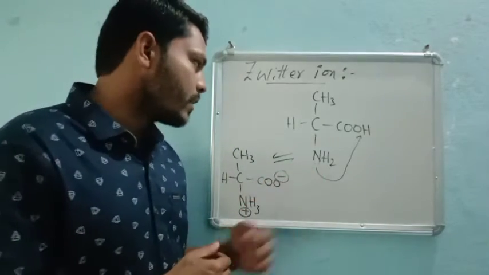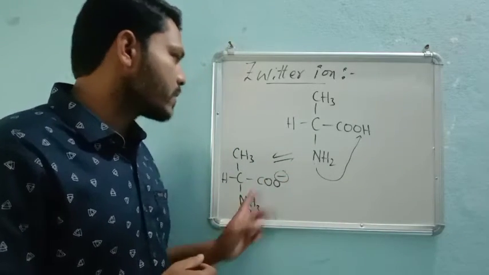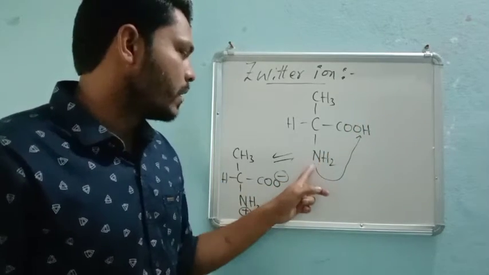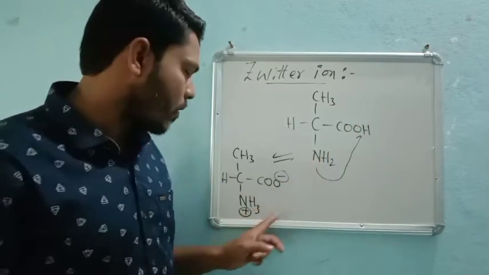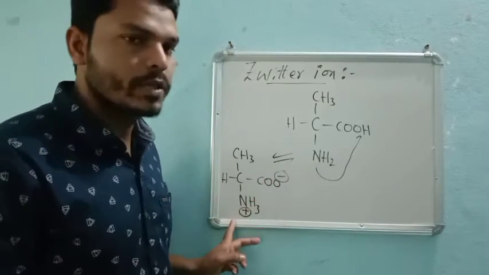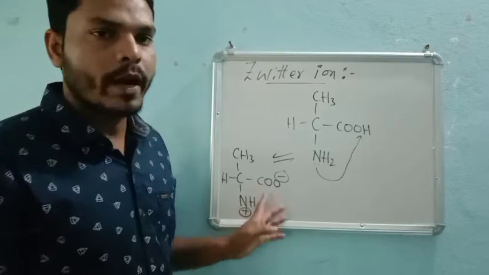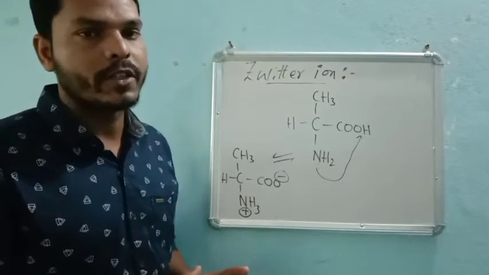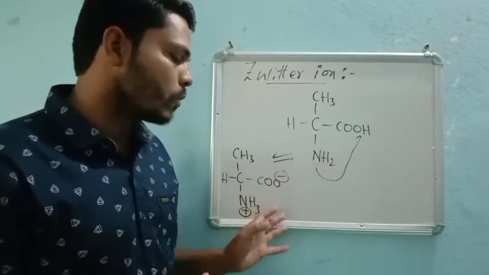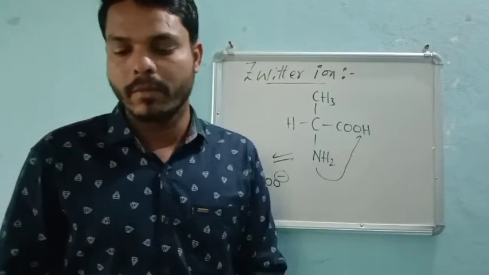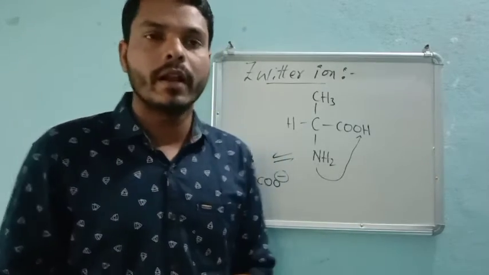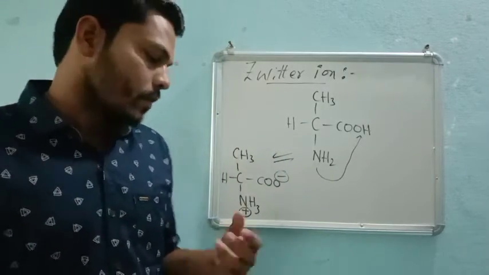As it drags, the negative charge will come on the carboxylic acid, and the positive charge it will get on nitrogen. Both charges form in a single compound. If a compound has the capacity to show both the charges, those are Zwitter ions, right?